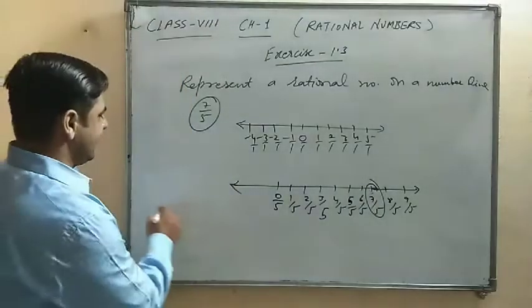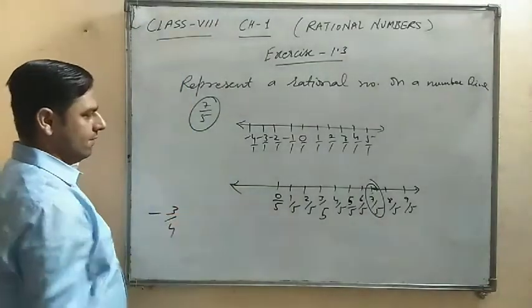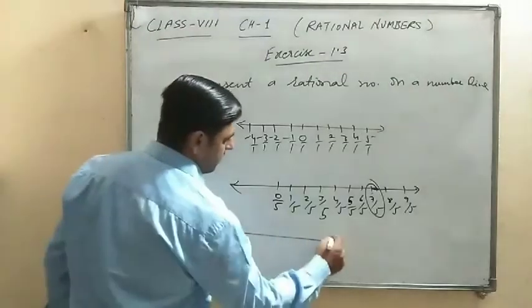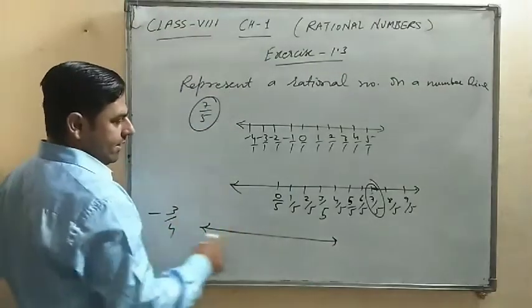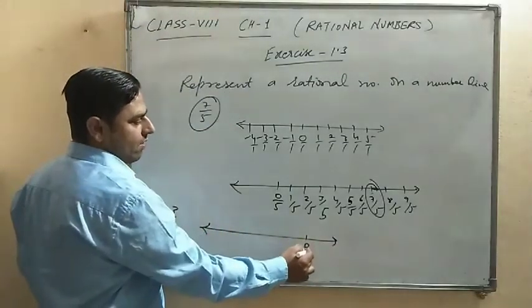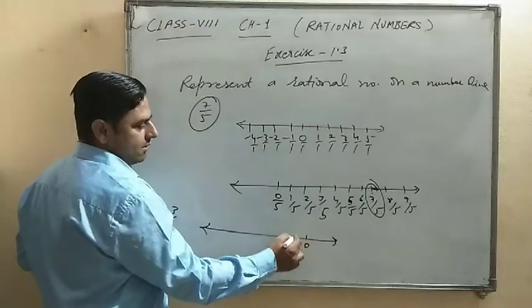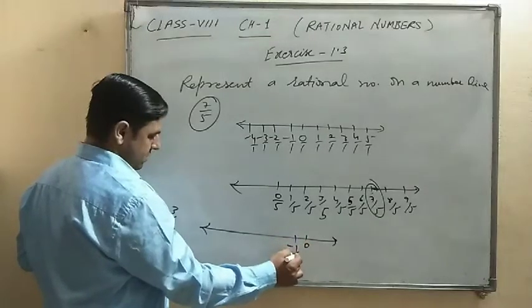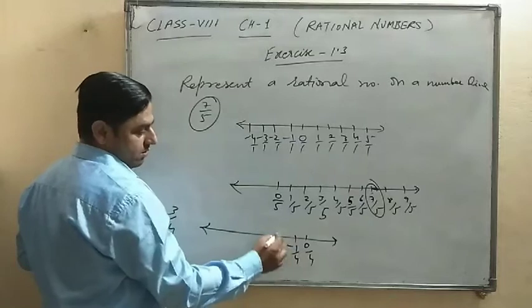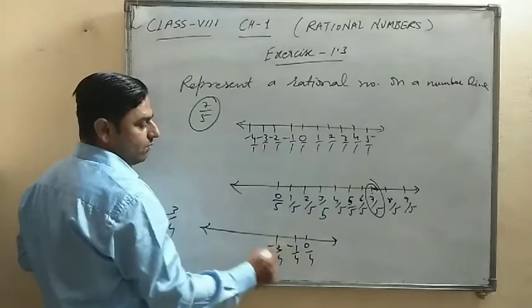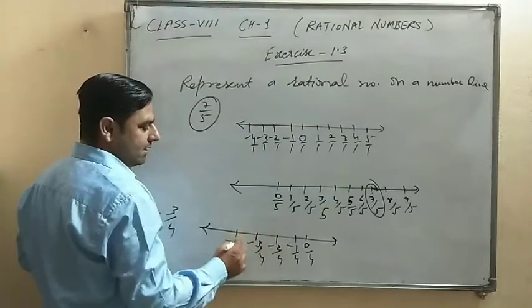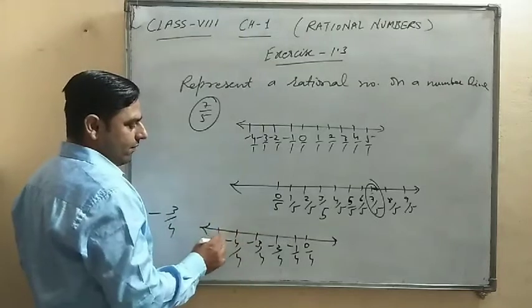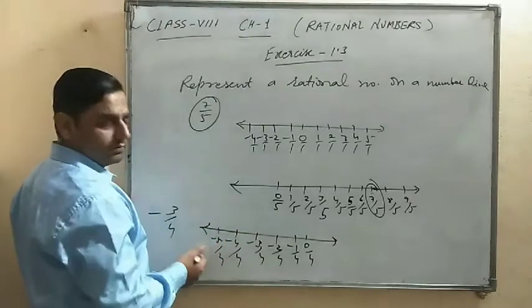If the number is negative, suppose minus 3 upon 4, so how to draw? It can be written on the left side of the origin. So 0 by 4, minus 1 by 4, minus 2 by 4, minus 3 by 4, minus 4 by 4, minus 5 by 4, and so on.